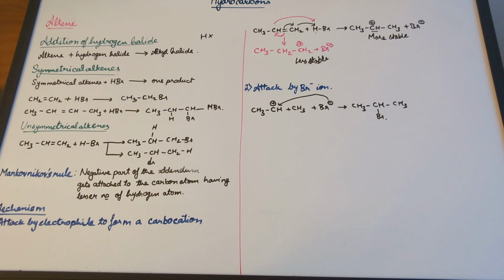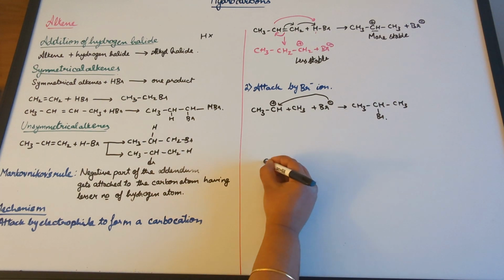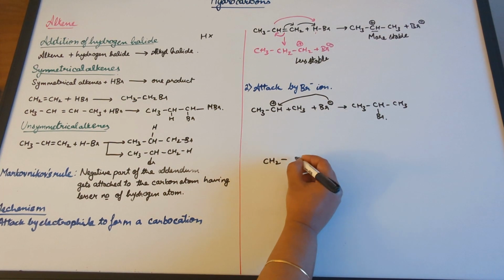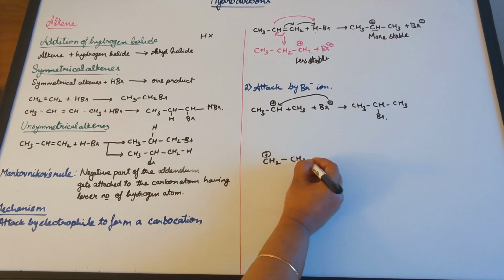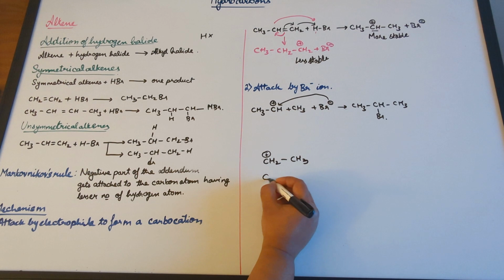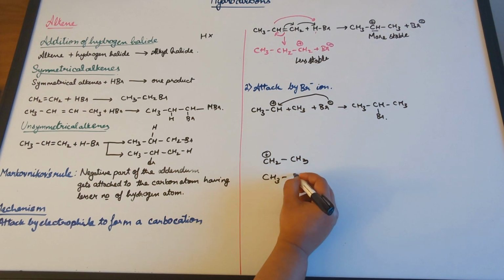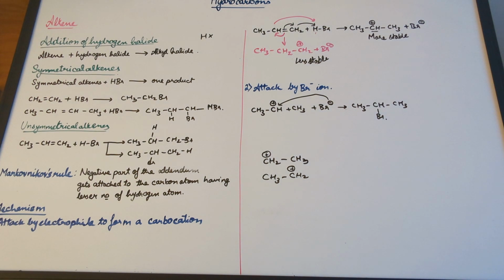And because it's unsymmetrical, now for example, let's take the symmetrical also. Let's just assume there's a possibility of the carbocation being formed. Irrespective of both cases, in this case we are taking the left carbon forming the carbocation. In the second case, we'll be taking the one on the right to form the carbocation. In both cases, it's basically the same, and so we're not considering it for symmetrical alkenes.